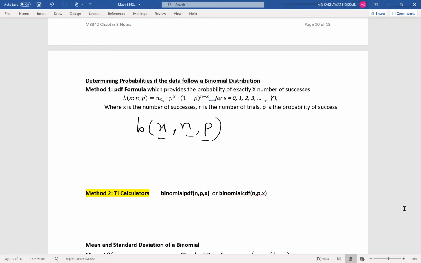If you consider getting a tail as success, the maximum number of successes is 3. It cannot be more than 3.